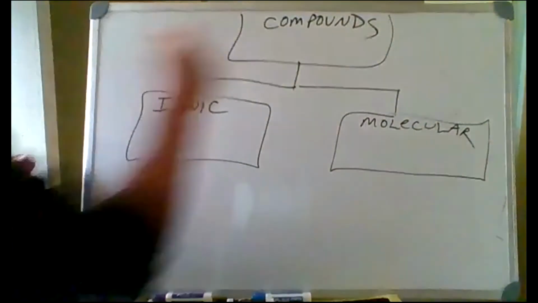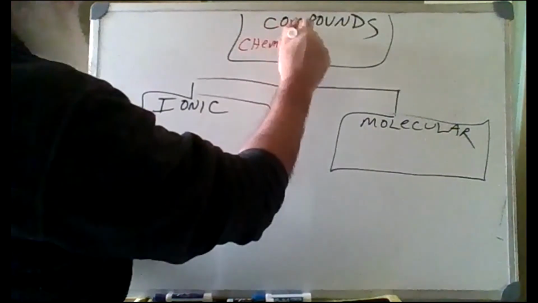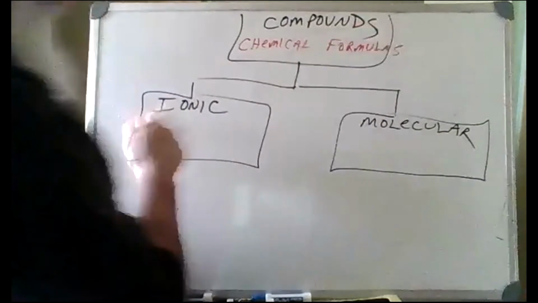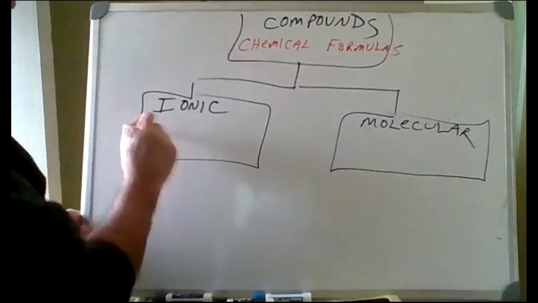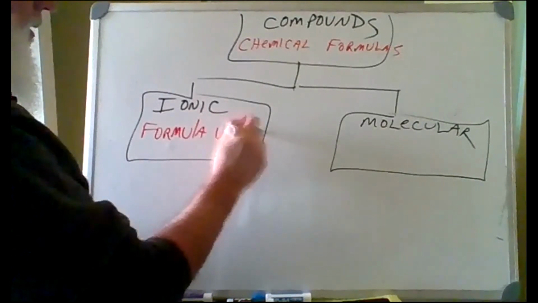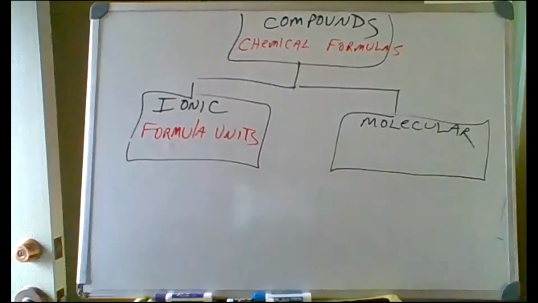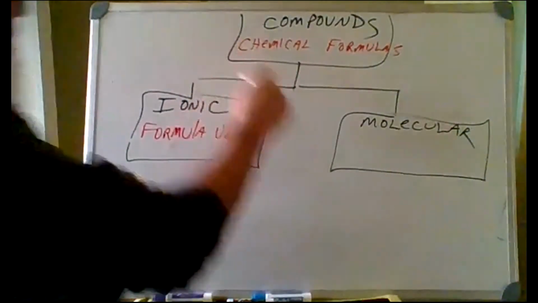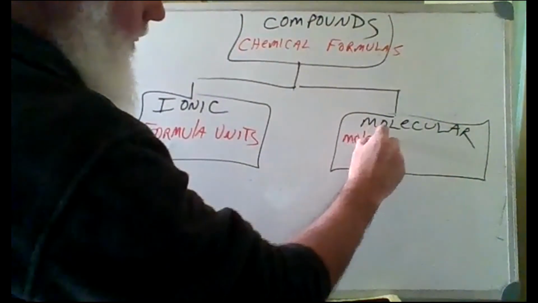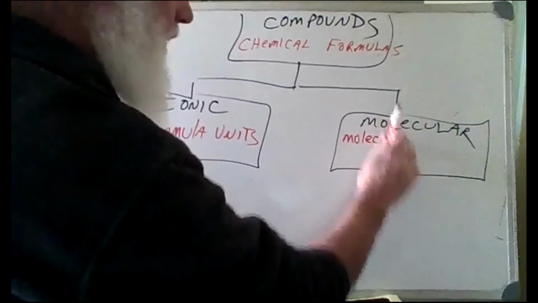And we said compounds have chemical formulas. Ionic compounds have formula units. The chemical formula for an ionic compound is called a formula unit. The chemical formula for a molecular compound is called a molecular formula.